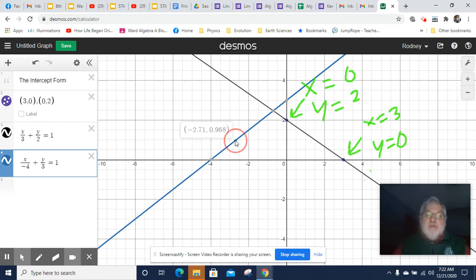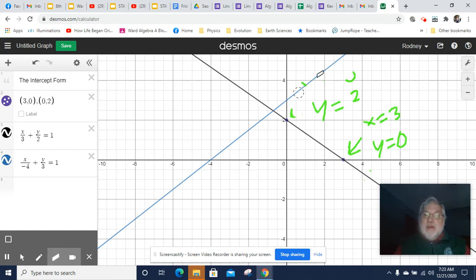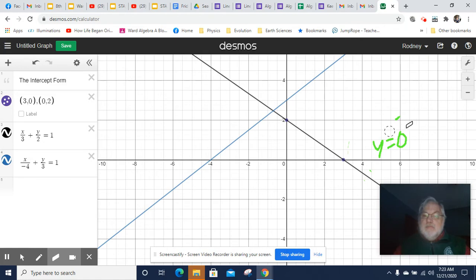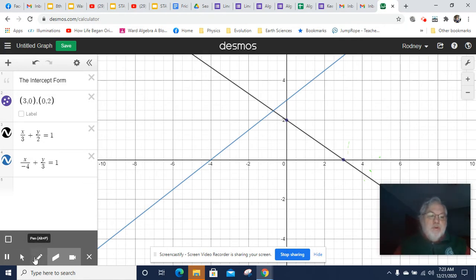And we can test that out. We can take a look at points along this line. Let me clear all that drawing out because it's in the way now. So every point on this line, x over negative 4 plus y over 3, will end up equaling 1.